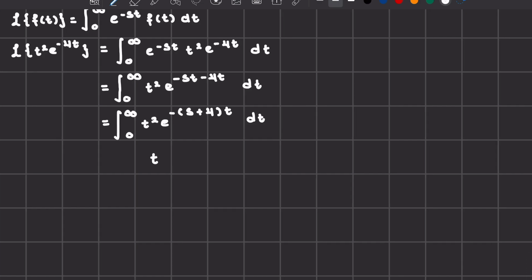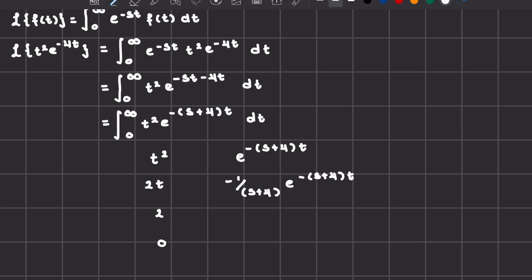And so writing t squared down, writing e to the negative s plus 4 t. Taking the first derivative is 2t, taking the second derivative, which is 2, taking the third leaves us with 0, and taking the integral of this gives us negative 1 over s plus 4 e to the negative s plus 4 t.